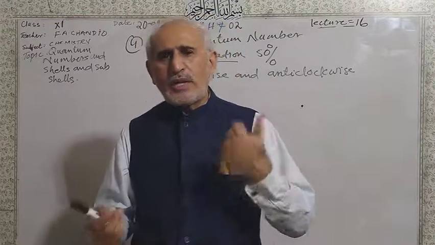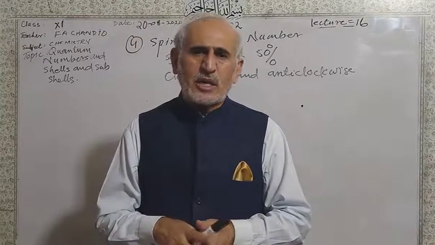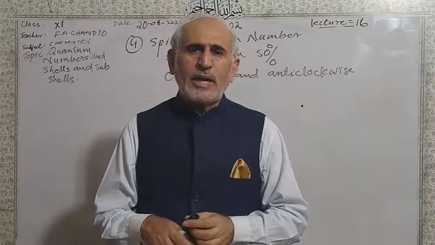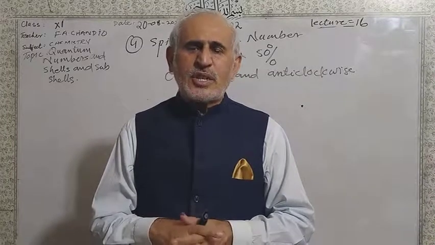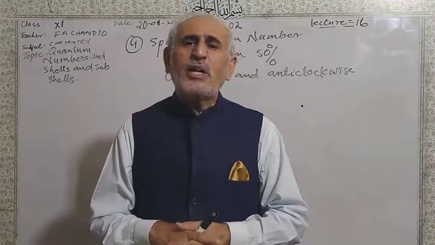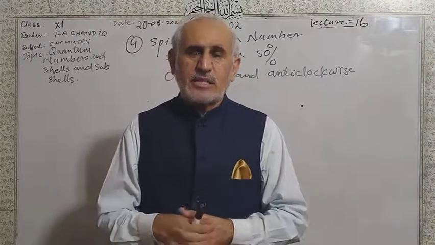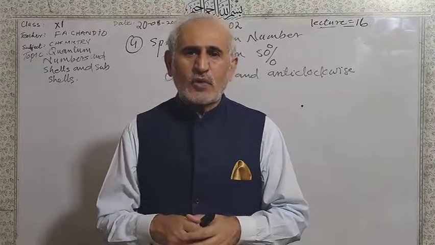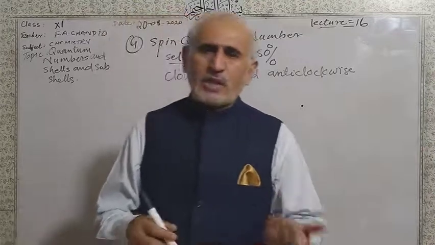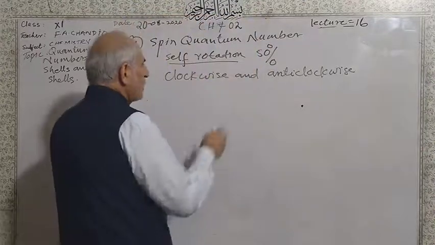Yesterday I told you that an electron has a 50% clockwise chance and a 50% anti-clockwise chance according to the scientists. So this is called self-rotation of the electron. One is called plus half and another is called minus half.